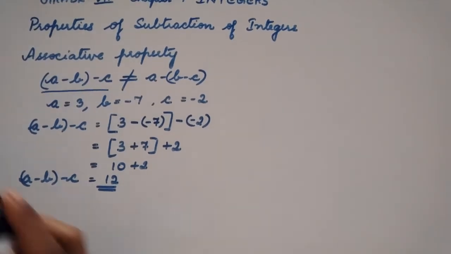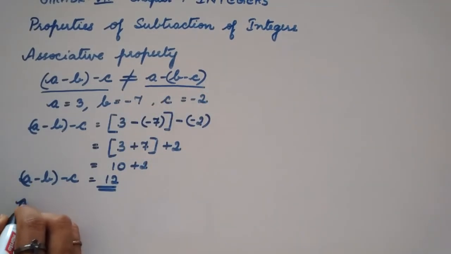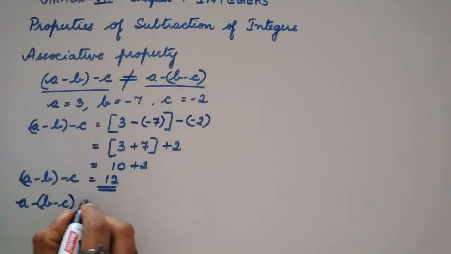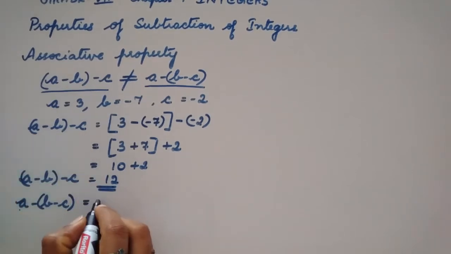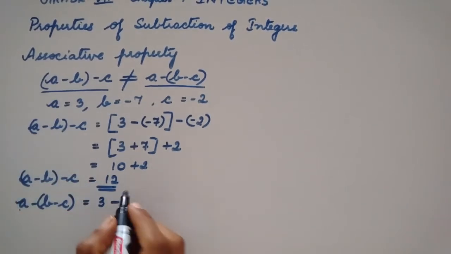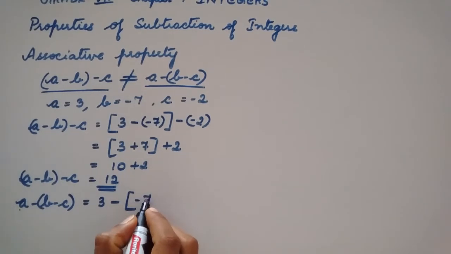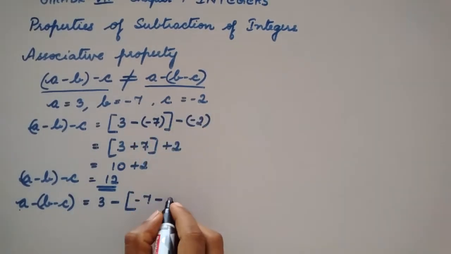Next, let us check with a minus (b minus c). Here, what is a? A is 3, minus, what is b? B is minus 7, and then you have minus, what is c, students? Minus 2.